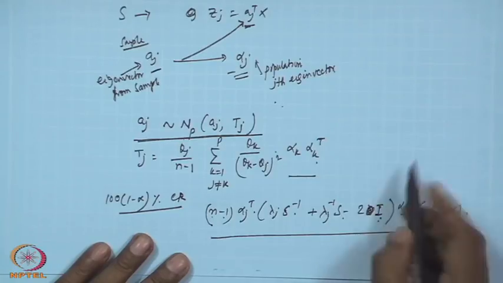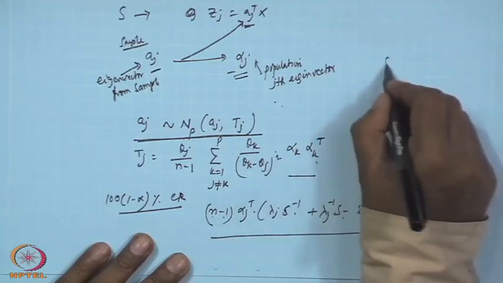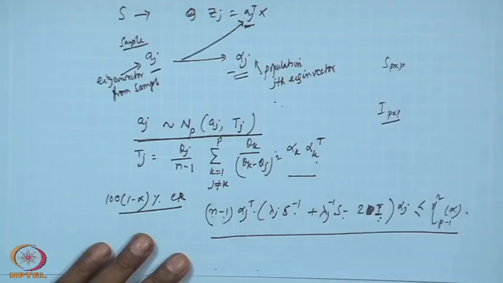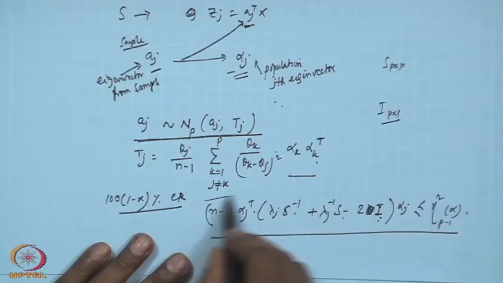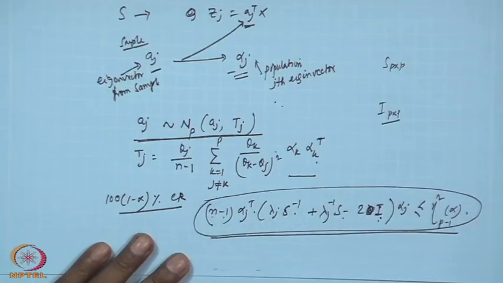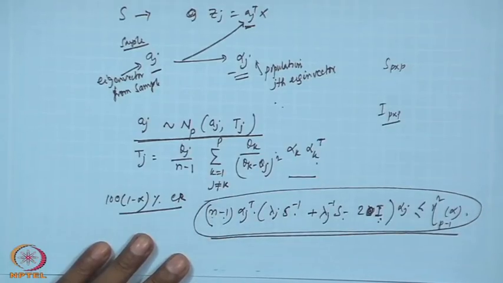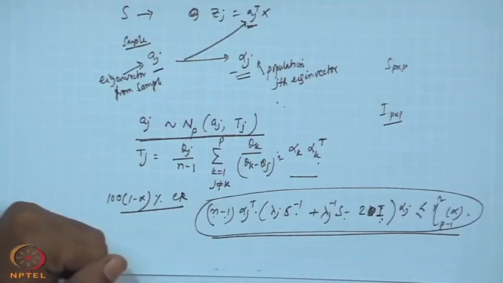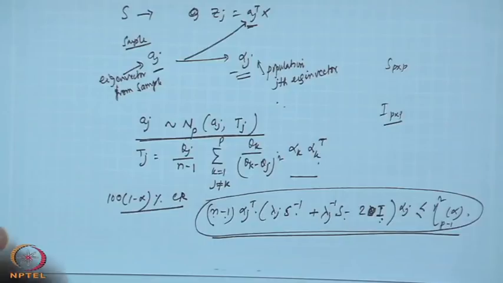This I is basically, if S is p cross p, then I is also p cross p, the identity matrix. You can check this also, the confidence region, all those things.